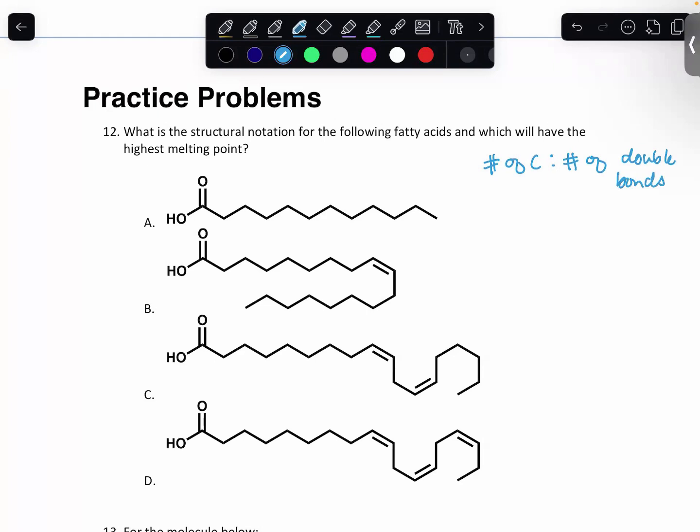So for the first one, what's that looking like? Zero. What about B?